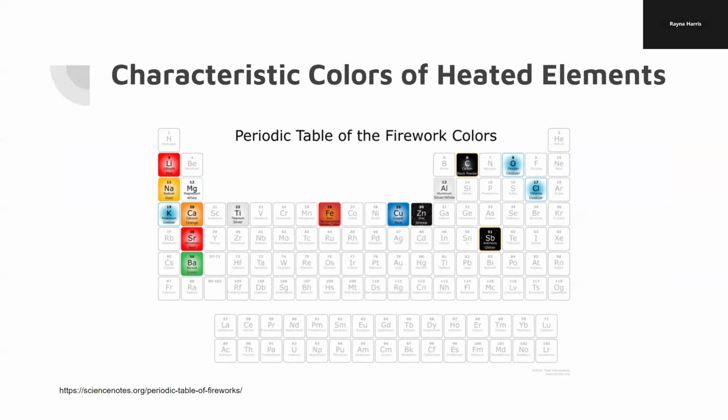There are a couple of others on there. This is specifically a periodic table of firework colors. You can go to this website down here and look up more. Some elements are in there to provide heat energy, chemical energy, because we do need heat for this. Metals are a little bit boring in their solid state, but when we heat them up, that's when they generate these flames of beautiful colors.